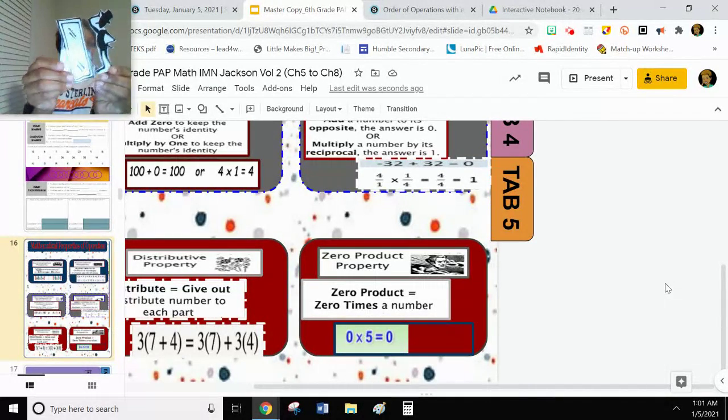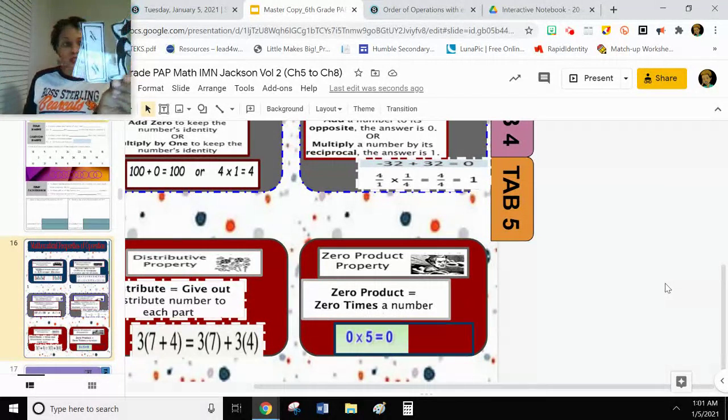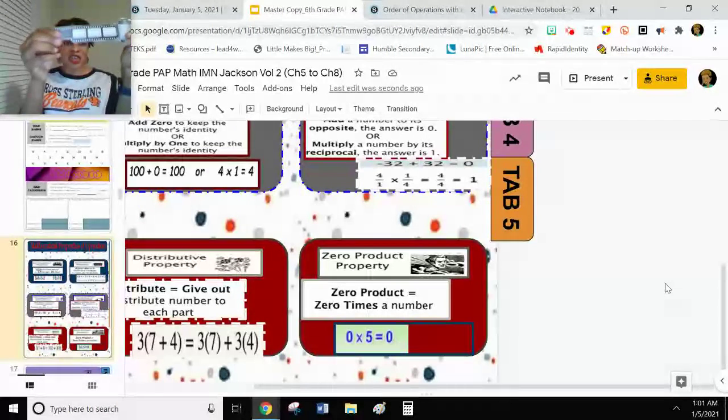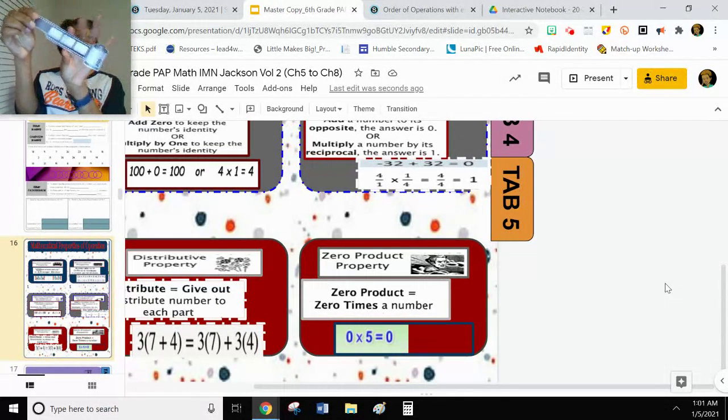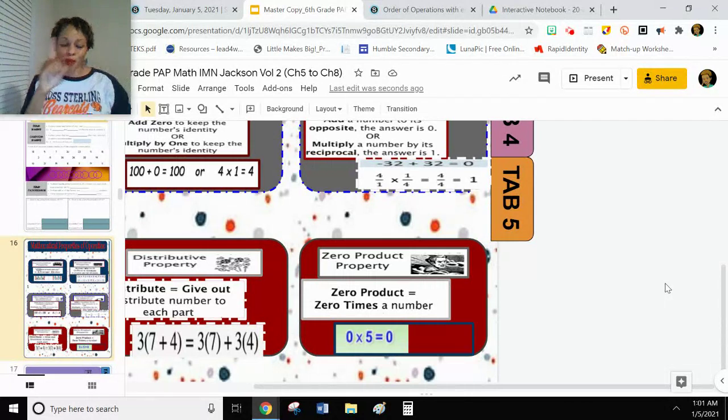We have identity property, okay? When I look in the mirror, if you add 0 to me, I'm still myself. If you multiply me times 1, I'm still myself. We have inverse property. If you add my opposite to me, I'm 0. If you multiply me times my reciprocal, I'm 1.